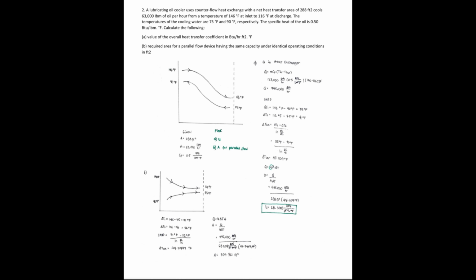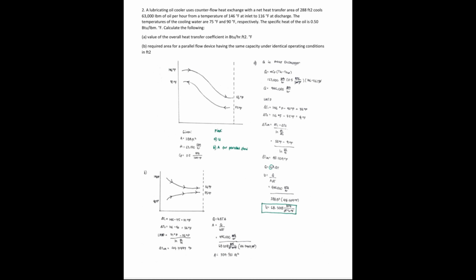Tapos sa pangalawa naman, yung kukunin natin yung temperature ng hot fluid sa outlet, tapos ima-minus natin yon sa temperature ng cold fluid sa inlet, which is 116 degree Fahrenheit minus 75 degree Fahrenheit.